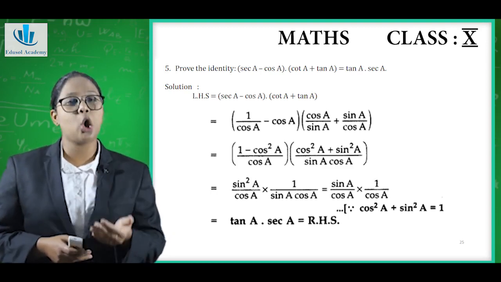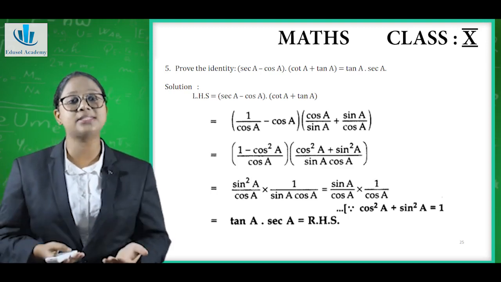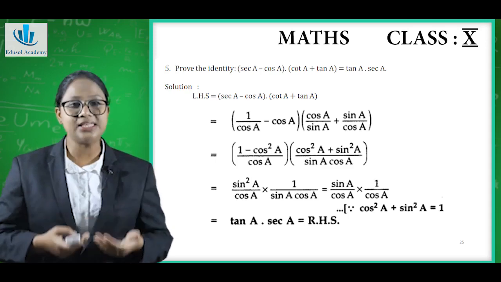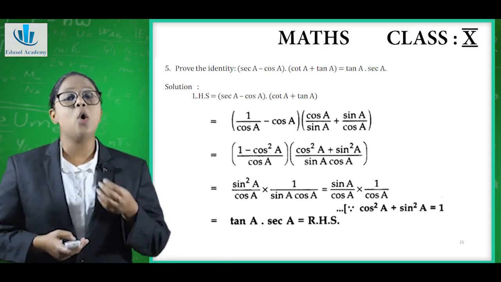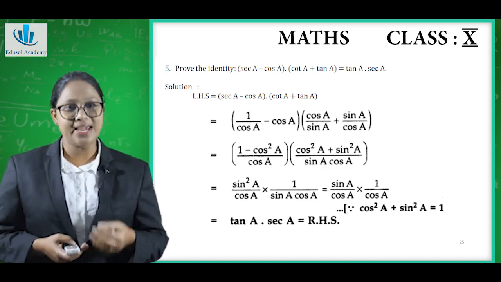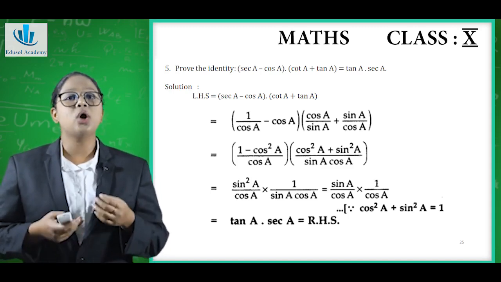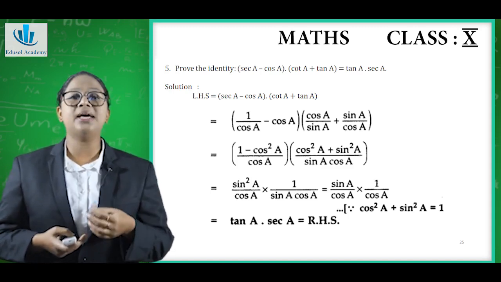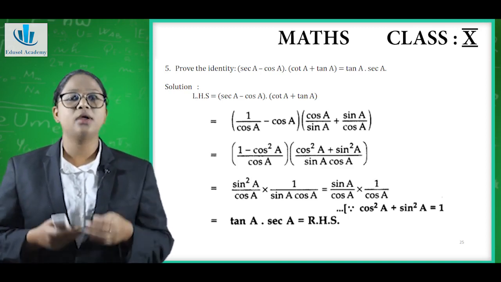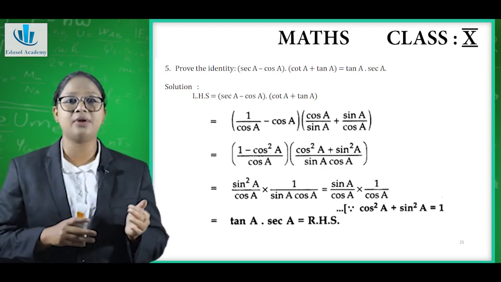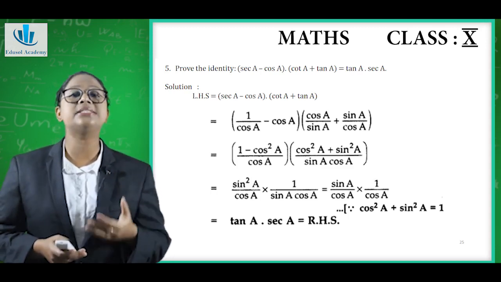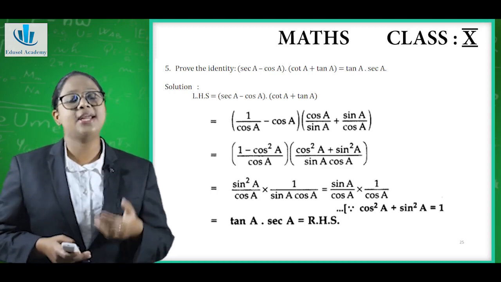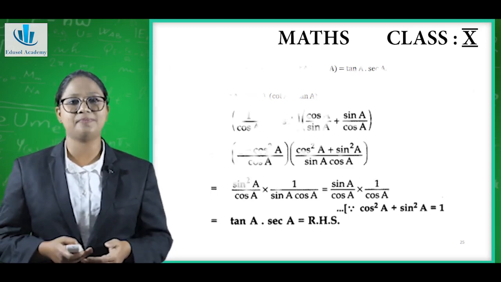So sec, cot and tan can be replaced and written in terms of either sine or cos or both. So the expression will be (1/cos a − cos a)(cos a/sin a + sin a/cos a). You operate each bracket separately and combine them, and we will be able to prove that the LHS is equal to tan a sec a, that is the RHS.